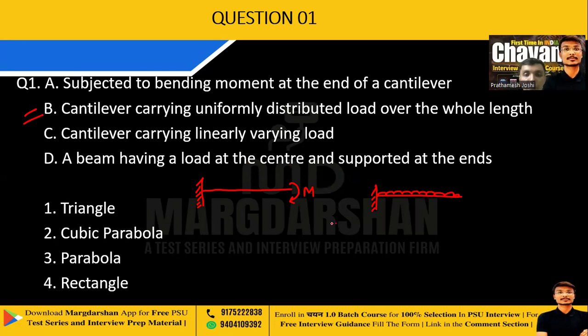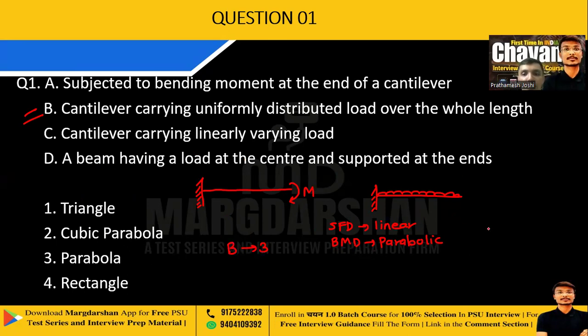So SFD would be linear and BMD would be parabolic for this case. So we have got B to 3. Okay.